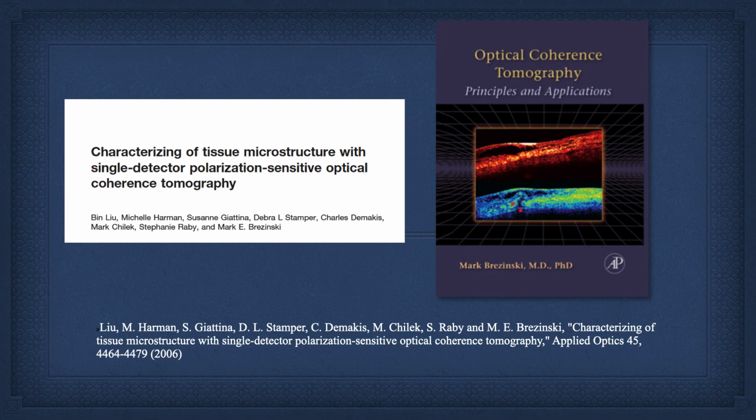Okay. Chapter 8 in my textbook covers PS-OCT. Also, the 15-page experimental paper on the left covers the topic extensively, and I would suggest downloading this paper if you're interested in PS-OCT or hypothesis-driven research.